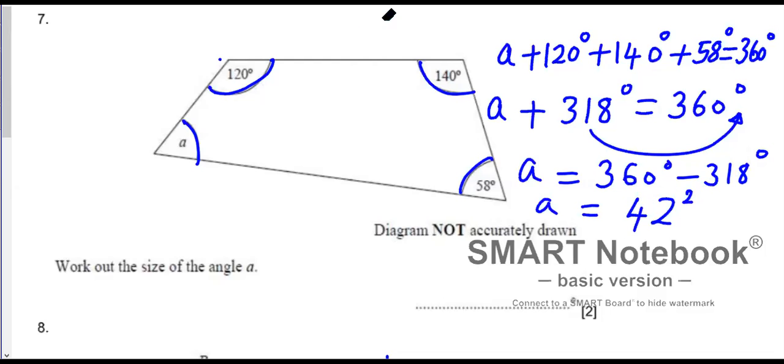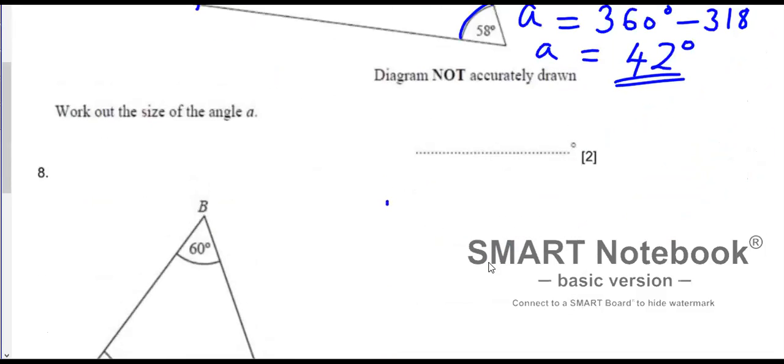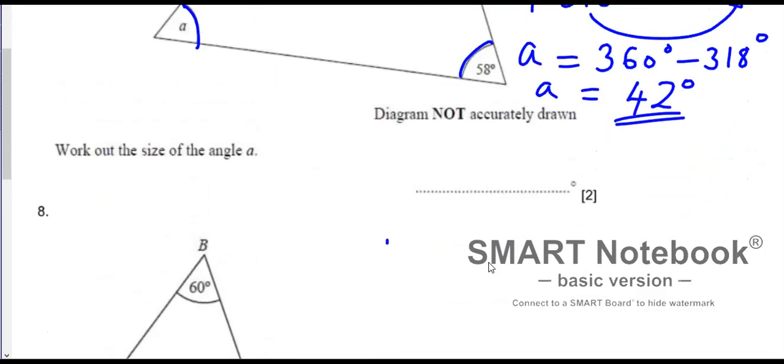So here you write 42 degrees. So the answer will be 42 degrees. So, work out the size of the angle marked A, the answer will be 42 degrees there.